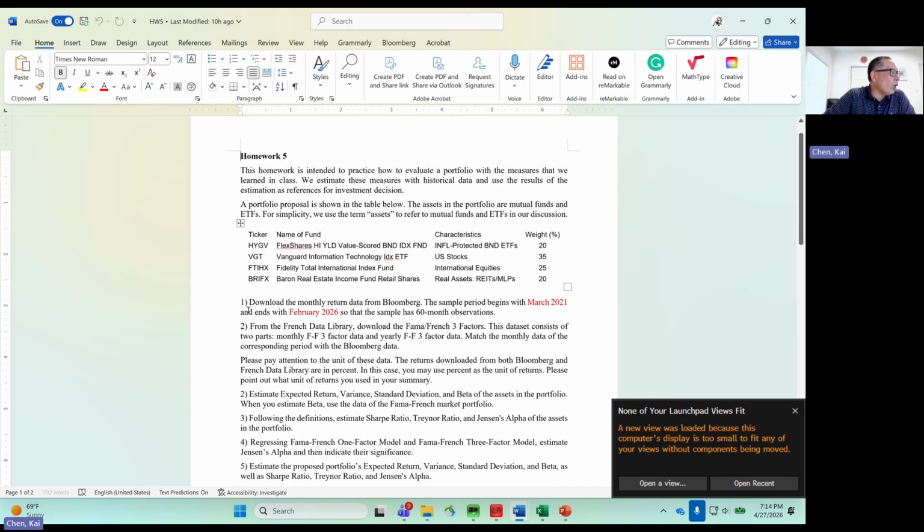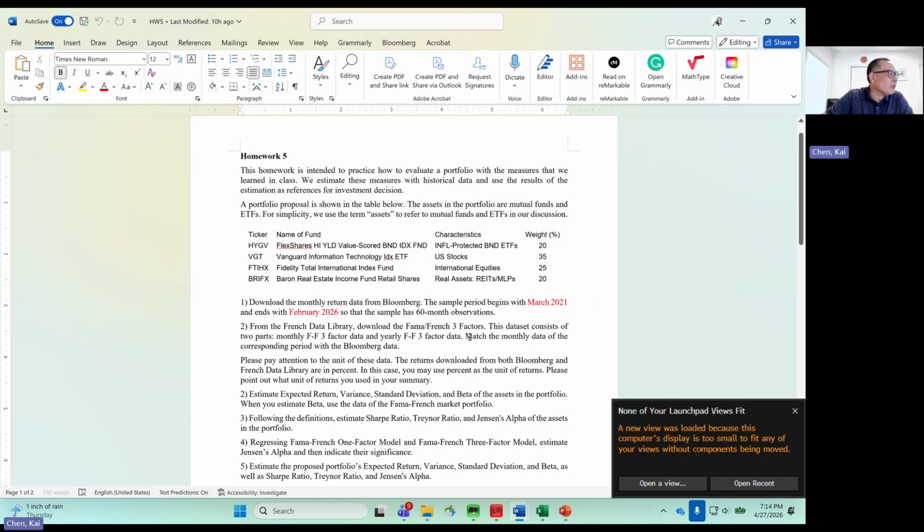First of all, download the monthly return data from Bloomberg. The sample period begins with March 2021 and ends with February 2026, so that the sample has 60 month observations. Then from the Fama French data library, download the Fama French 3 factors data.